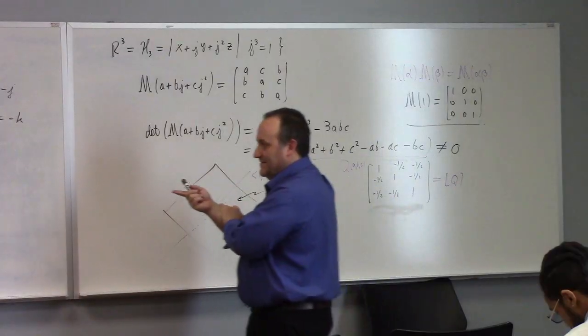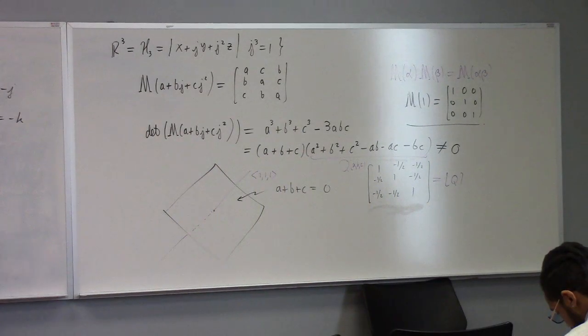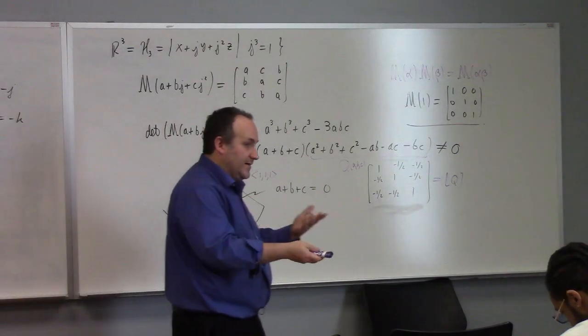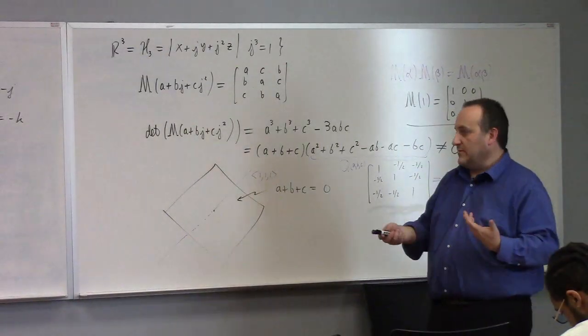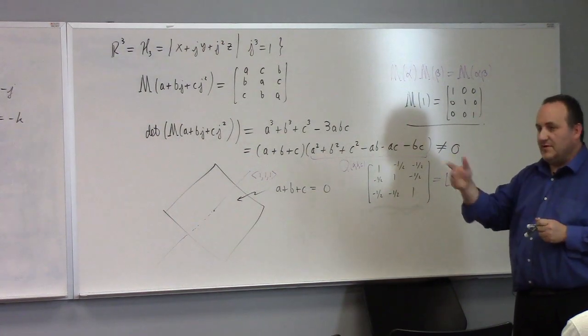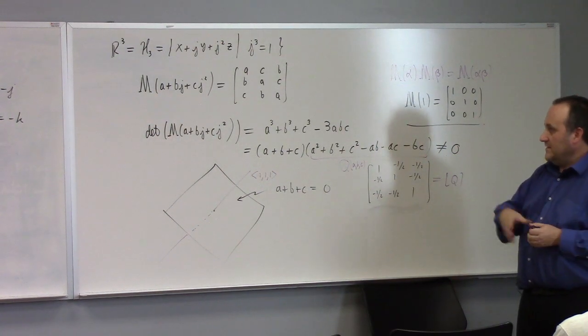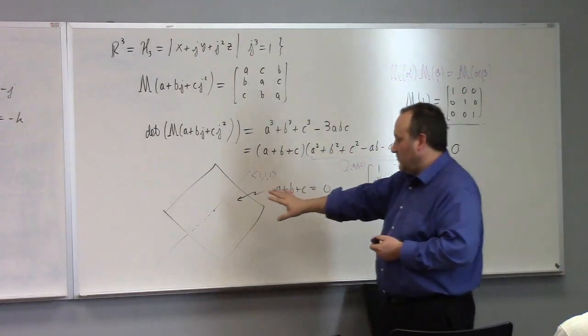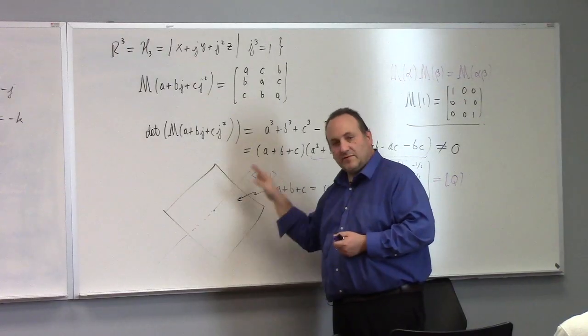What would you need for the quaternion a plus bi plus cj plus dk to have determinant 0? You'd need every single one of a, b, c, and d to be 0, which says that every non-zero quaternion is invertible in the multiplicative sense, just like complex numbers. So quaternions are almost what's called a field, but they're not commutative, so they're technically not a field. This, on the other hand, is much nastier, because you have this whole plane and the normal line of what are called zero divisors.